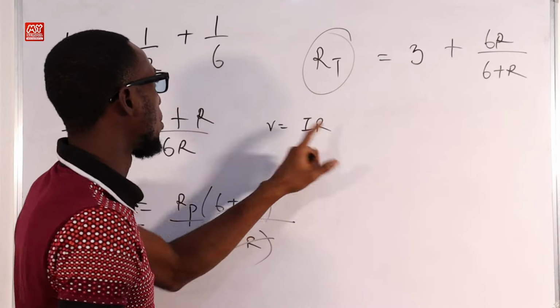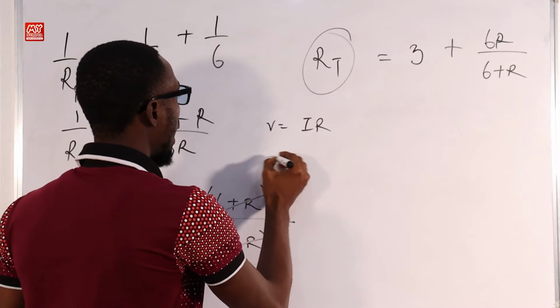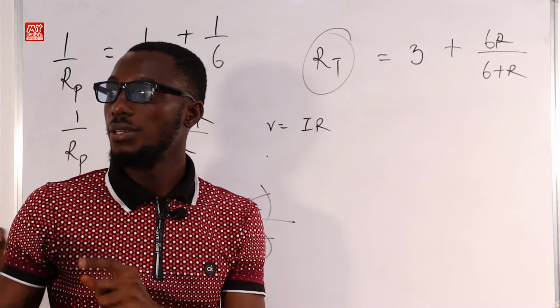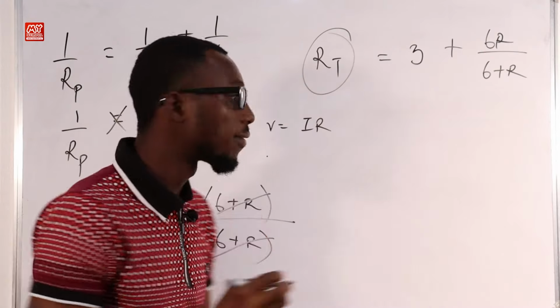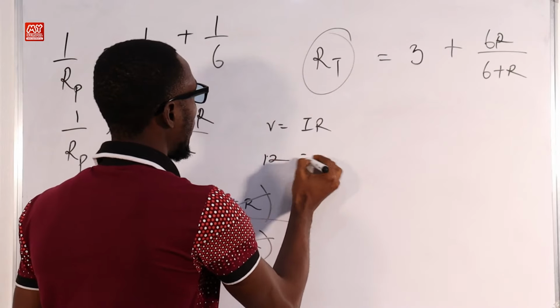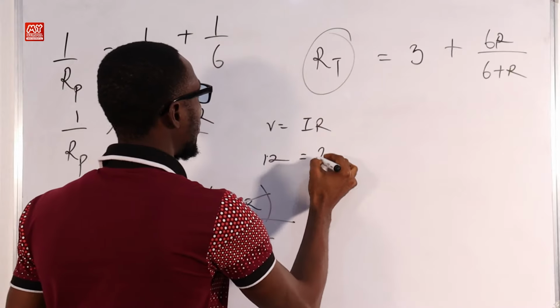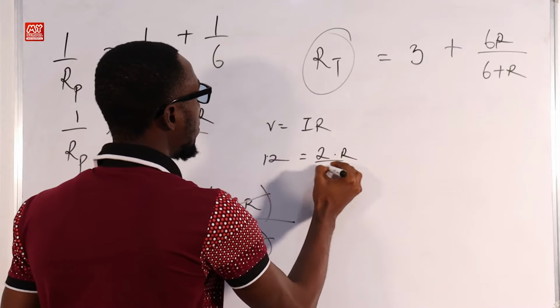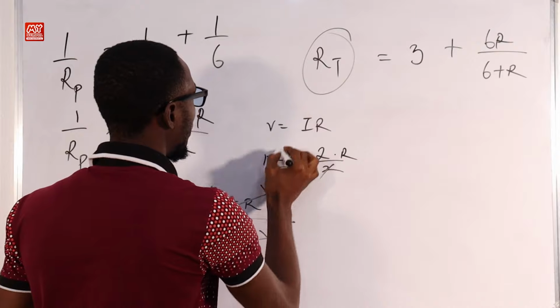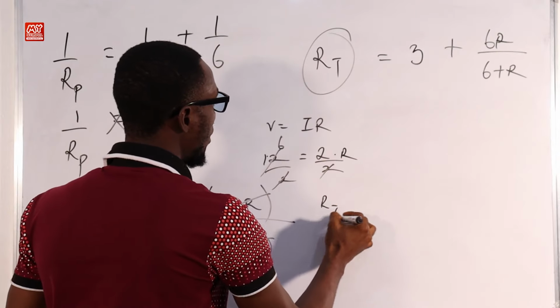Going back to the question, V is given as 12 equals the current given as 2 times R, dividing both sides by 2. So the R total is 6.